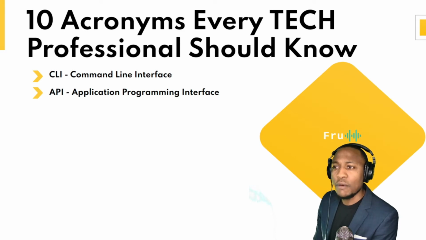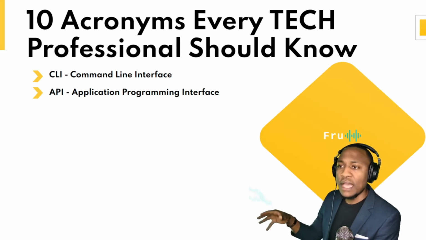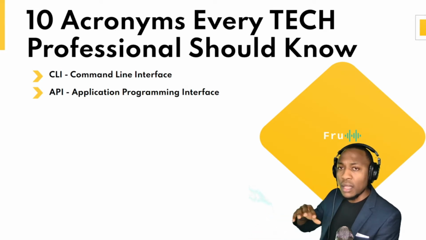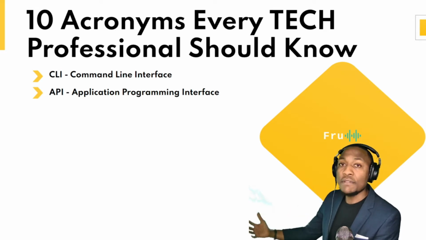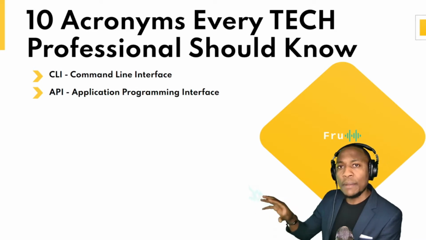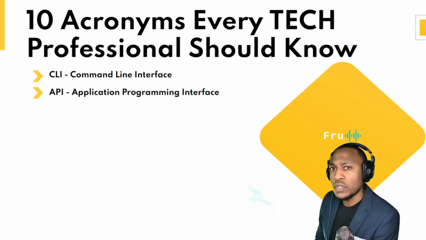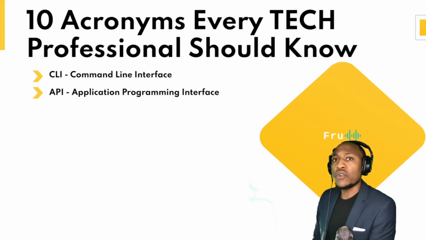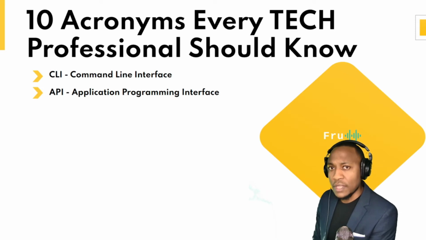So a very powerful one. Twitter has an API, Facebook has an API, LinkedIn has an API, Google has APIs. A lot of these applications have the UI, which a lot of us see, and they also have APIs that other applications use to talk to those services or platforms. So a very important acronym to be aware of as a tech professional.